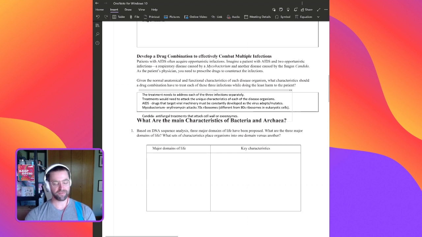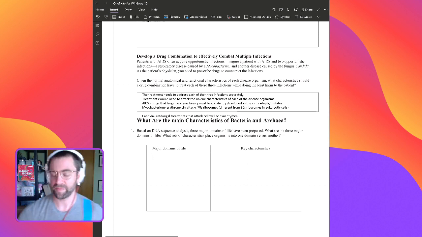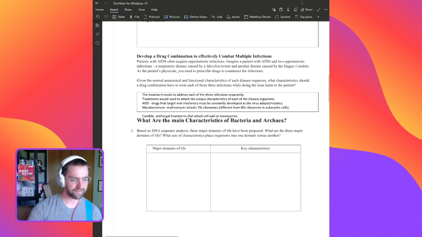Tinea is a very common fungal infection. It's a skin infection. We've talked about it before, ringworm, right? So named for the ring-shaped rash that it forms as it eats its way out from the center. The common drugs for that are clotrimazole and terbinafine, and a few others, but those are the over-the-counter ones that you can get.